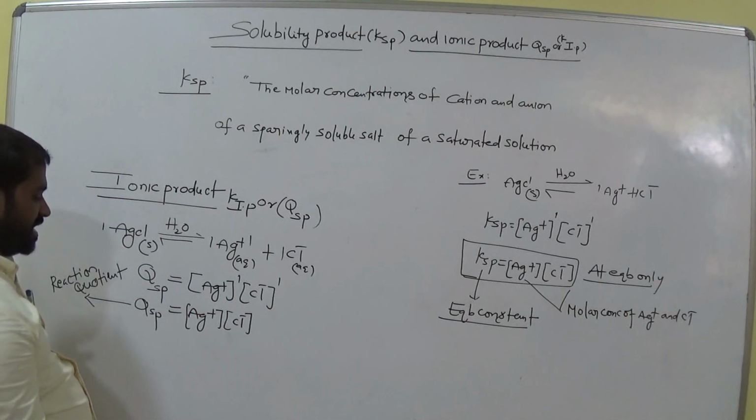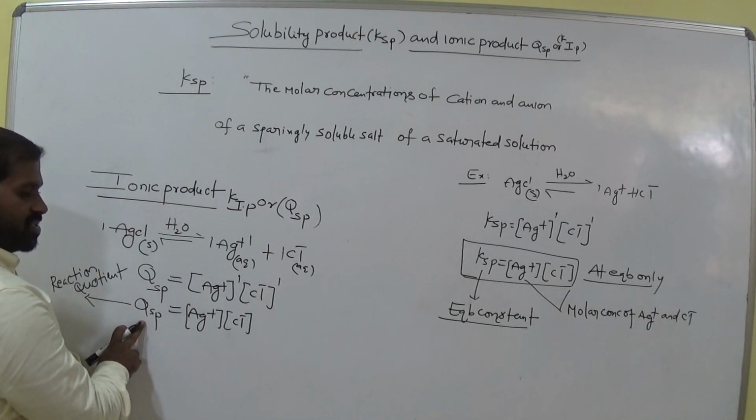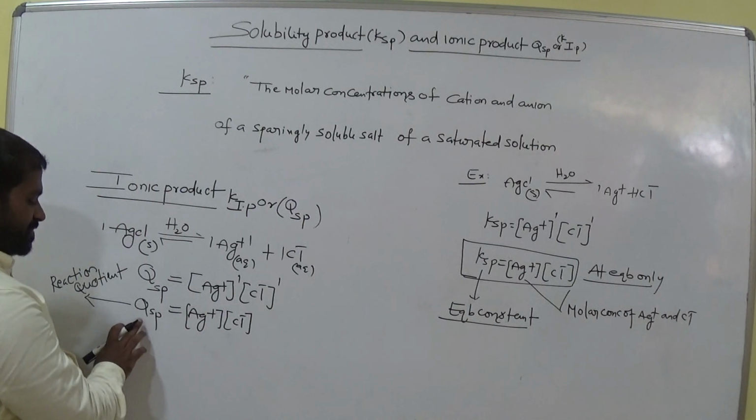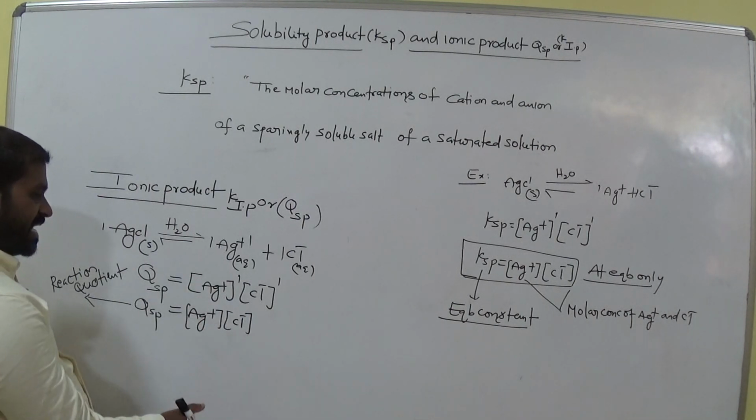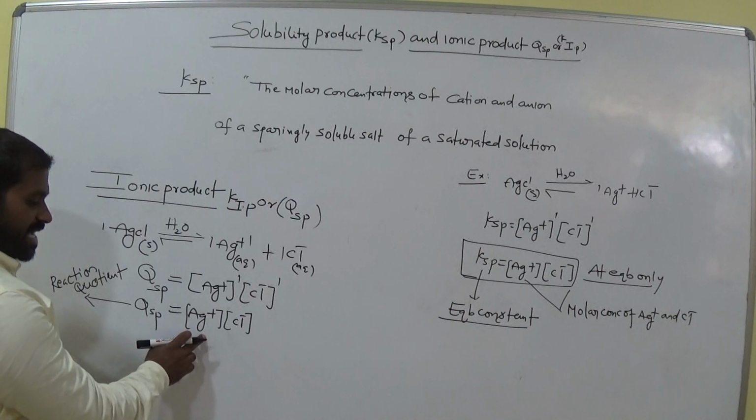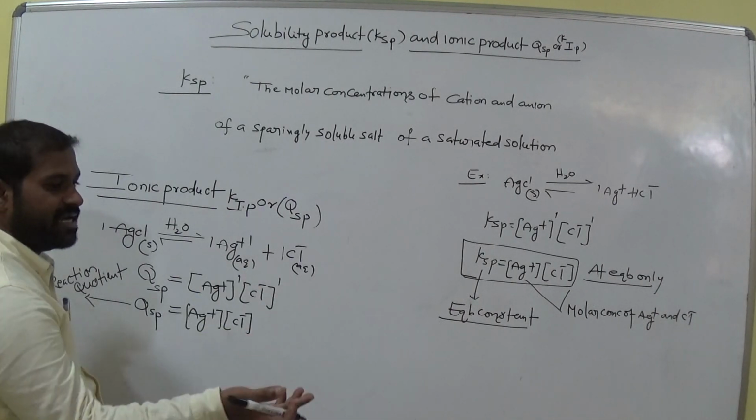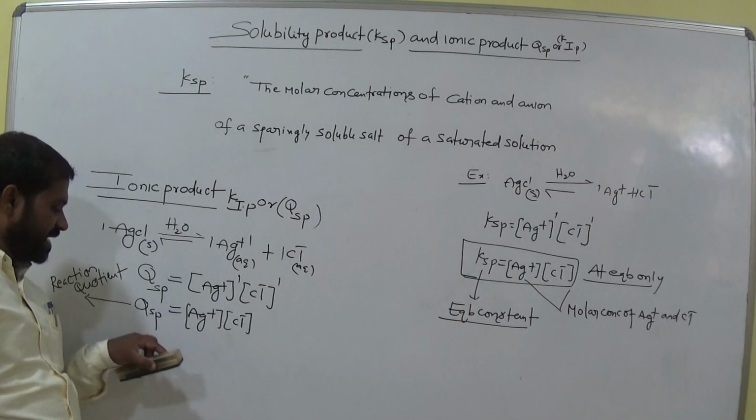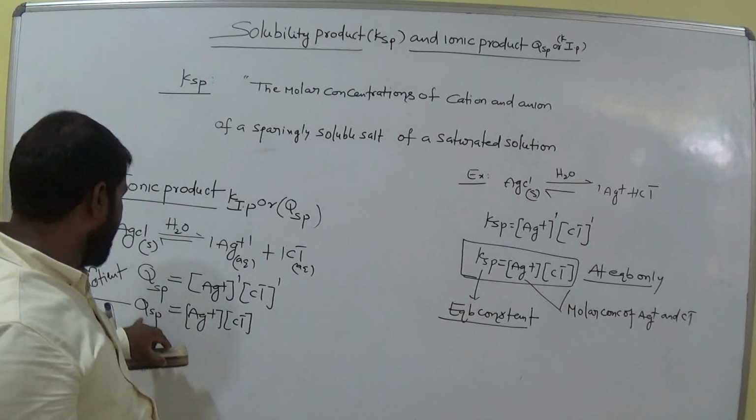Reaction quotient, that means the equilibrium constant expression at any instant of time, the product of cation and anion at any instant, not at equilibrium, is taken as QSP.